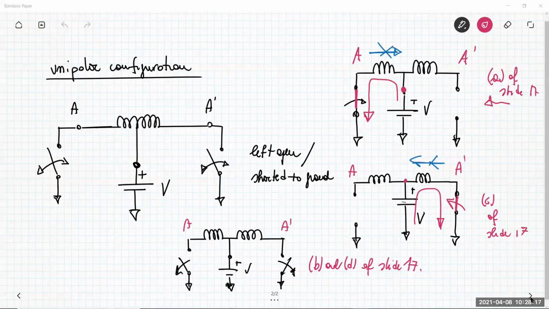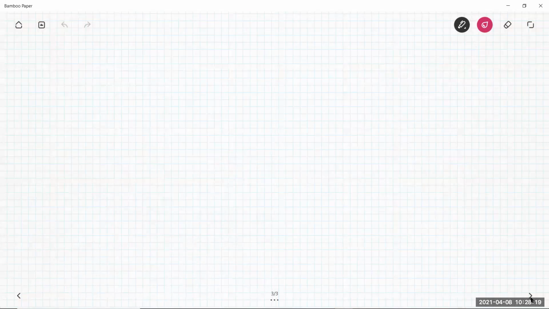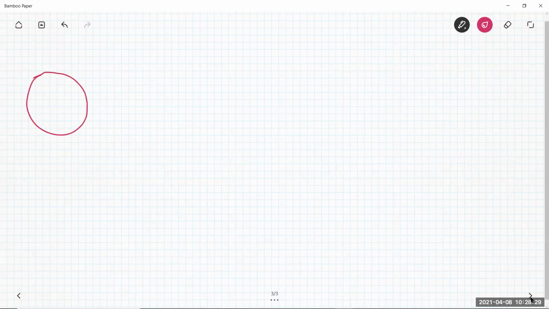Let me share the whiteboard to discuss in a circular way what happens for the unipolar motor in the configuration I showed you before. So 2 phases. Let me schematize. Okay, you have A and A prime.